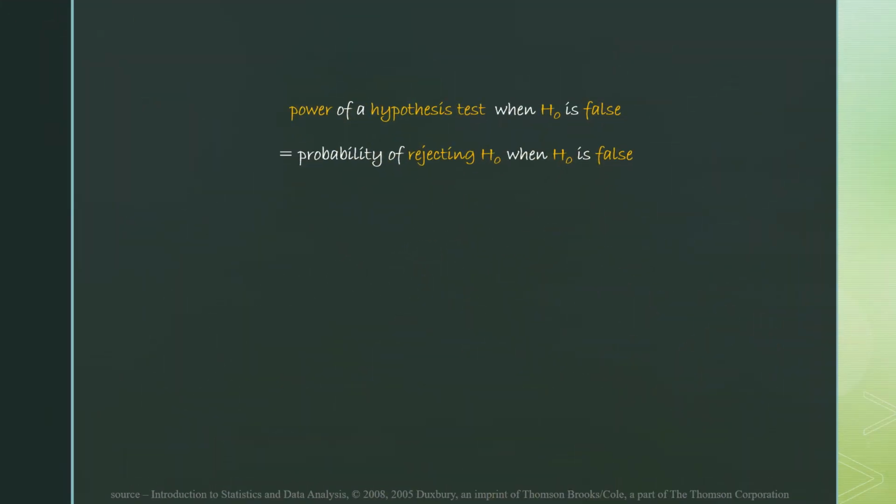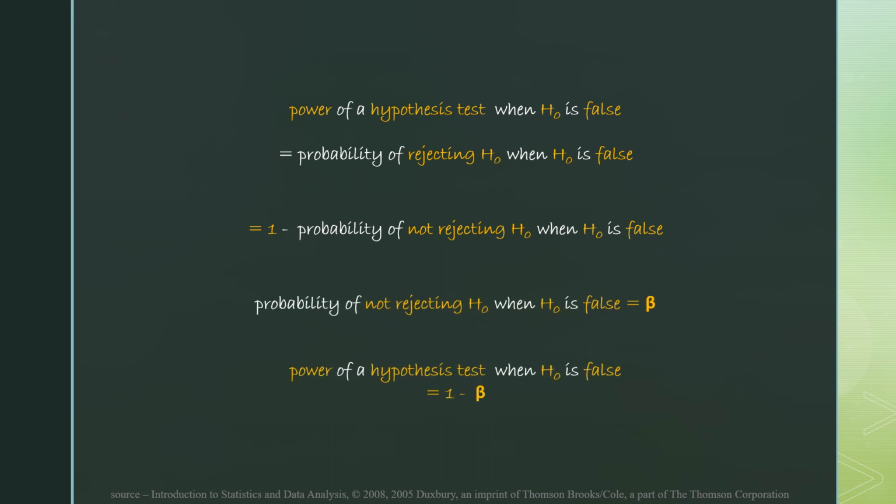Power of a hypothesis test when H0 is false equals probability of rejecting H0 when H0 is false. That equals 1 minus probability of not rejecting H0 when H0 is false. Probability of not rejecting H0 when H0 is false equals beta. Therefore, power of the hypothesis test when H0 is false equals 1 minus beta.